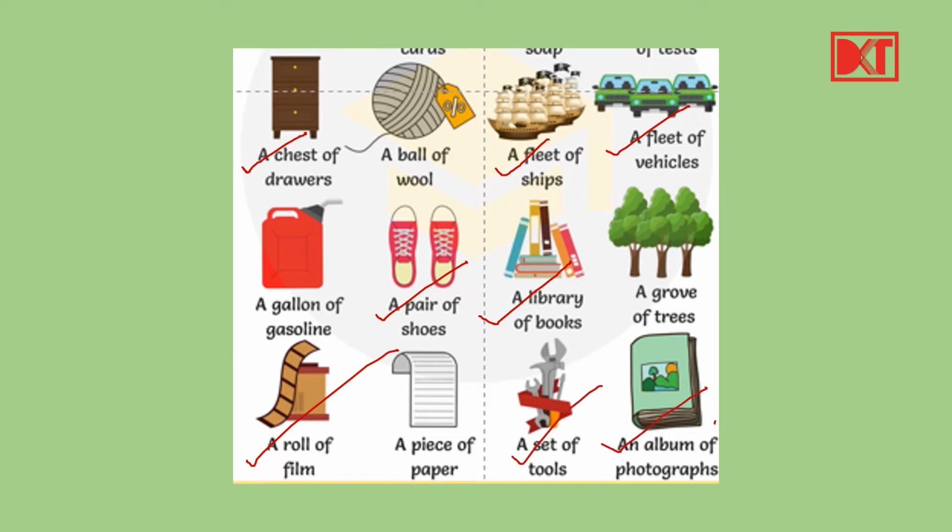You must already know that a group of photographs, we call that an album. Alright, so most of them are very common and you must already know. You would have known, I think.